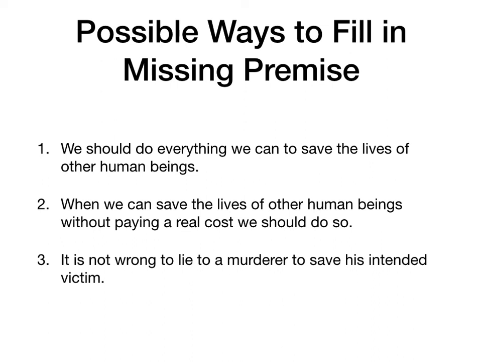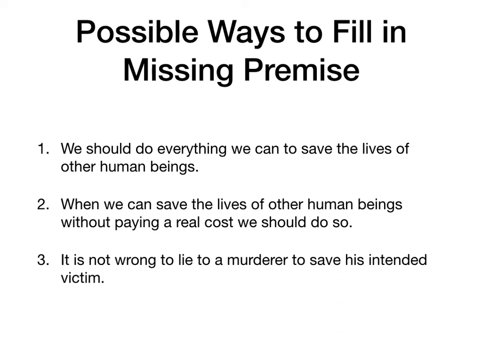Two: when we can save the lives of other human beings without paying a real cost, we should do so. That's almost certainly true. But somebody might say, well, I don't know, lying to me is paying a real cost. So two wouldn't be enough to establish the truth of our conclusion, right? Three is the best one here, because it talks about the stuff you see in the other terms in the argument. These other two are way too general.